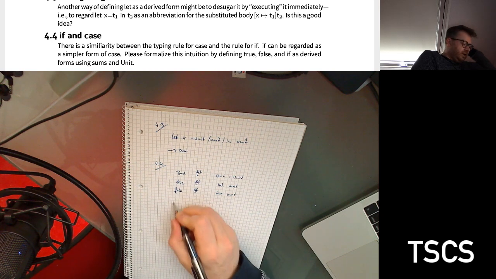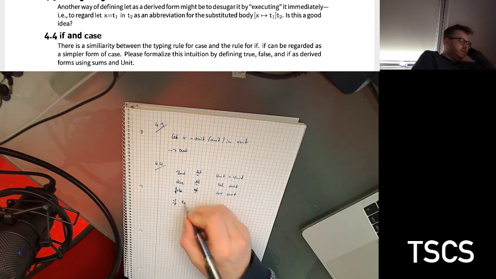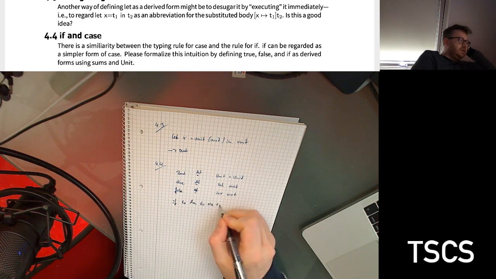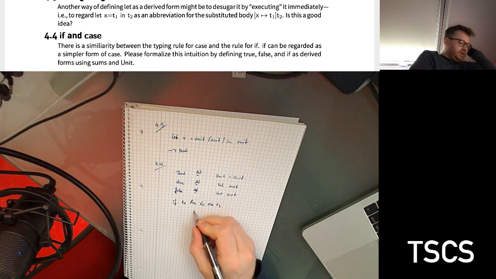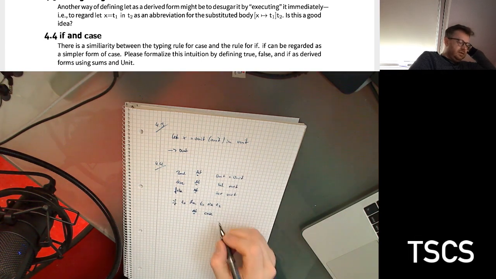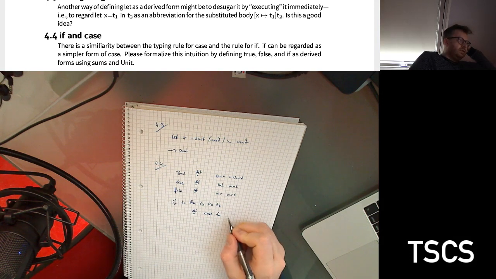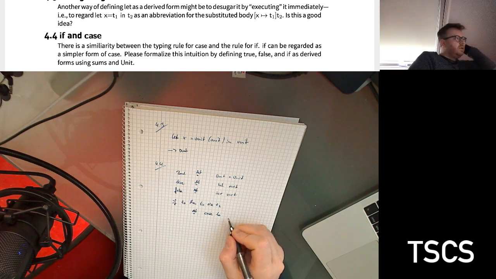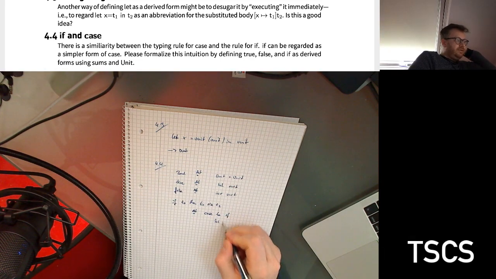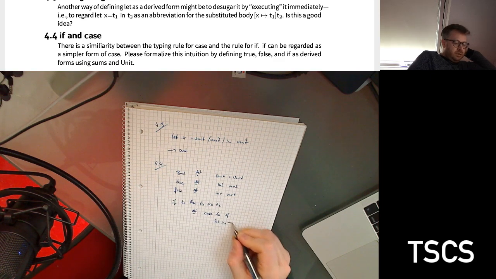And now you can use if T0 then T1 else T2. You can take an if term and define that in a case format, saying case T0 of inject left x1 should evaluate to T1.